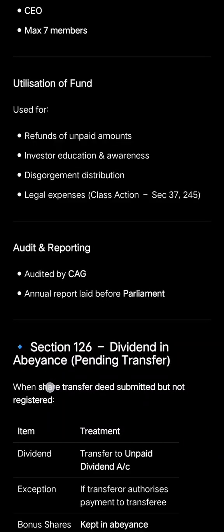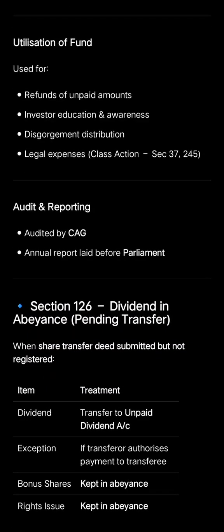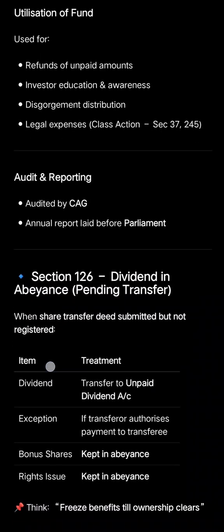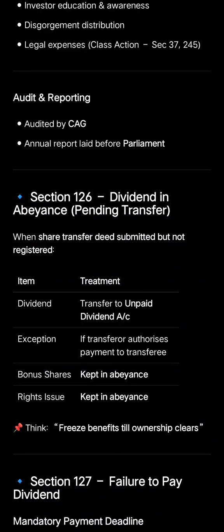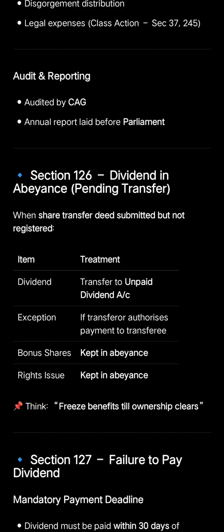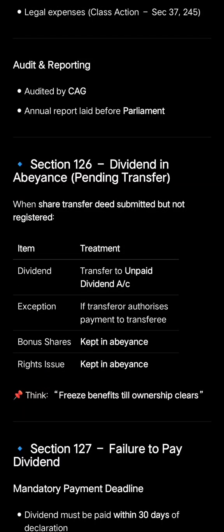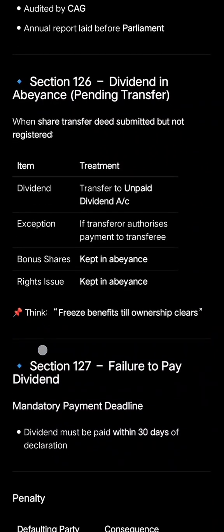Utilization of fund: the fund should be utilized for refund of unpaid amounts, investor education and awareness programs, and legal expenses. The auditing and reporting of IEPF is done by the CAG, Comptroller and Auditor General of India, and every year the annual report of IEPF is laid before Parliament.